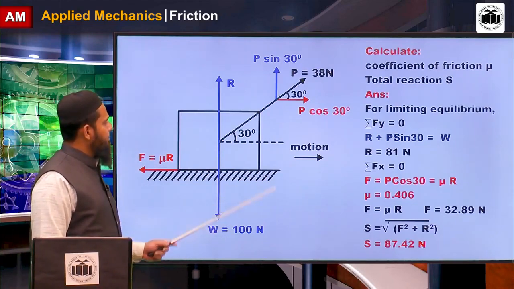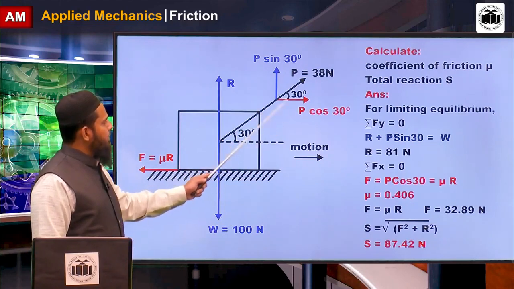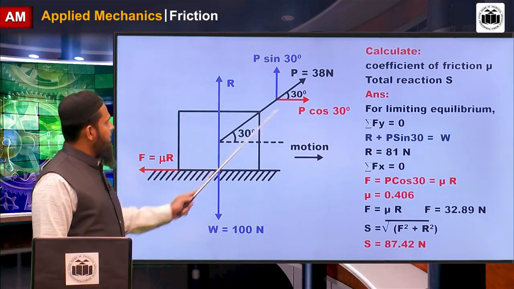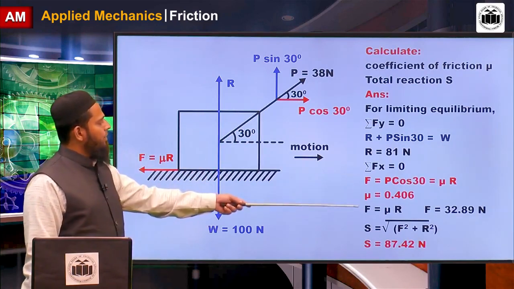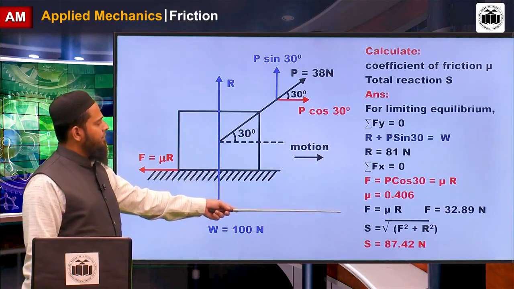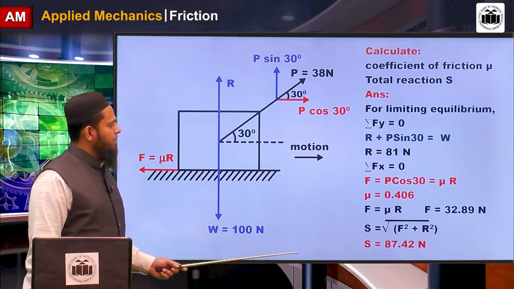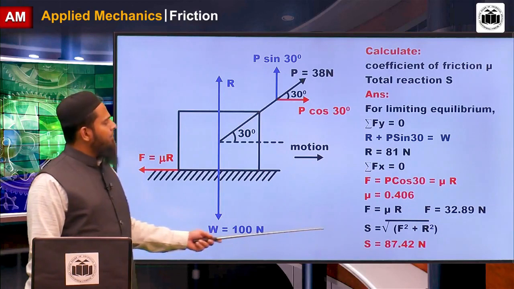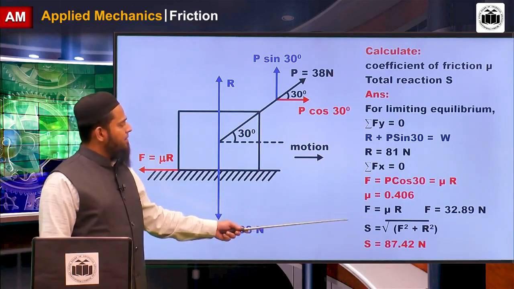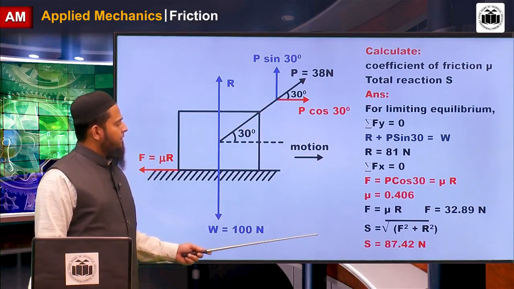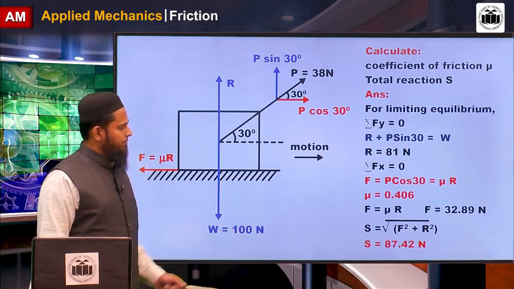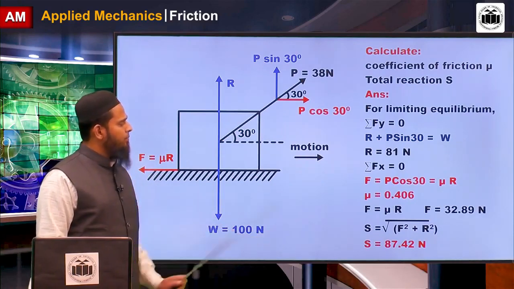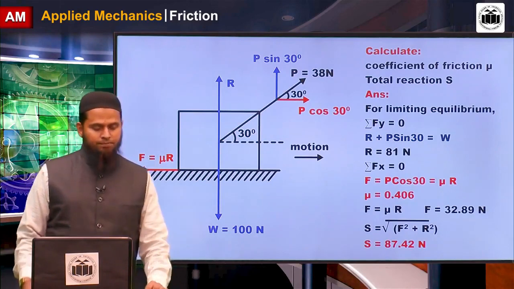The second condition means P cos 30 is balanced by F. F is equal to mu R. Mu is now calculated. Now S is calculated by Pythagoras theorem. S is nothing but the resultant of the reaction and the frictional force, which is 87.42 Newton.